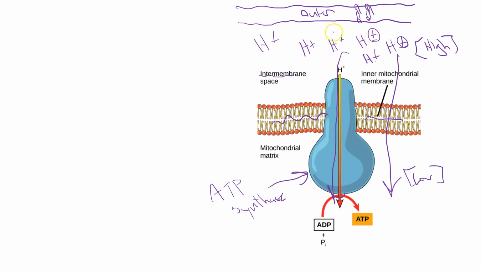All of this energy that's stored in here is now flowing through, and it's providing the energy to put these two molecules together. It's what's actually making this whole protein, the ATP synthase, work.